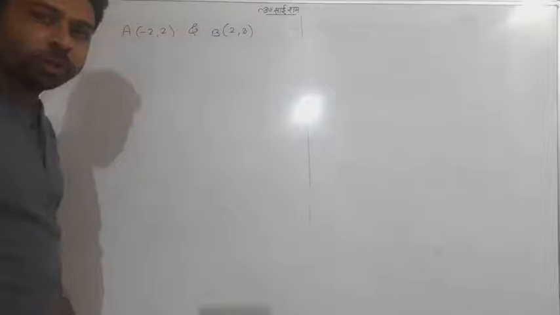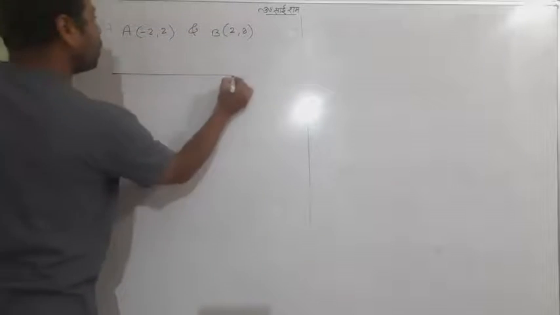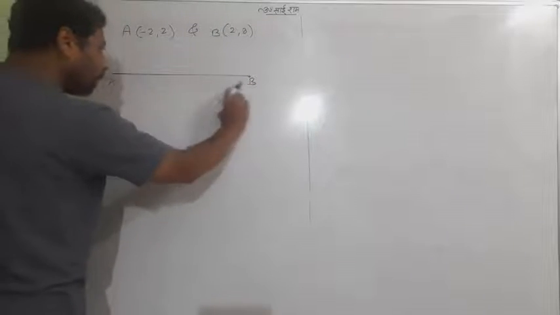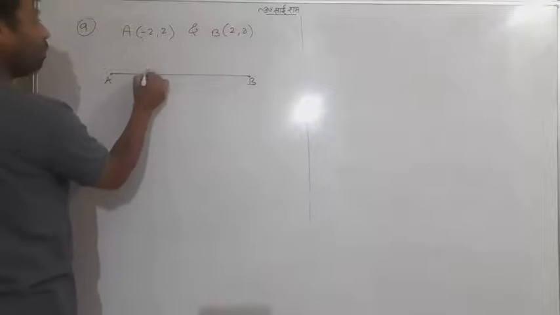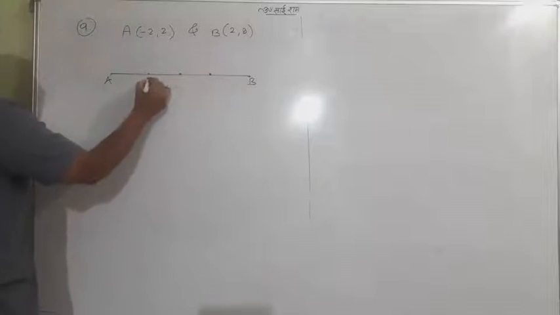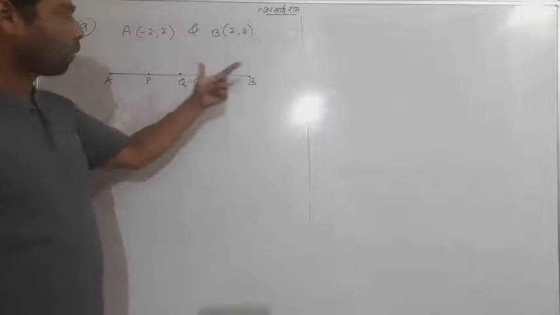Okay, we read trisection. Now we will study 4 equal parts of the line segment AB, and we have 3 points like P, Q and R, which divide the whole AB into 4 equal parts.